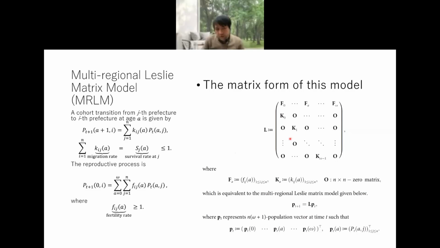The summation over row entries of the cohort migration rate is always less than 1 because it contains a survival rate. Such a model in which the entries of the Leslie matrix consist of different transition matrices is called a generalized Leslie matrix.